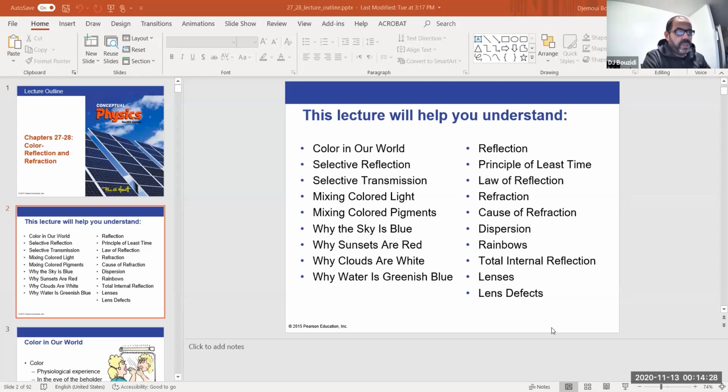Then we're going to talk about dispersion, which is an interesting phenomenon. When you have a white beam of light, we'll see from color theory that it's a combination of all of the other frequencies. But because the frequencies have different wavelengths, the minute they hit a different medium, they refract at different angles.